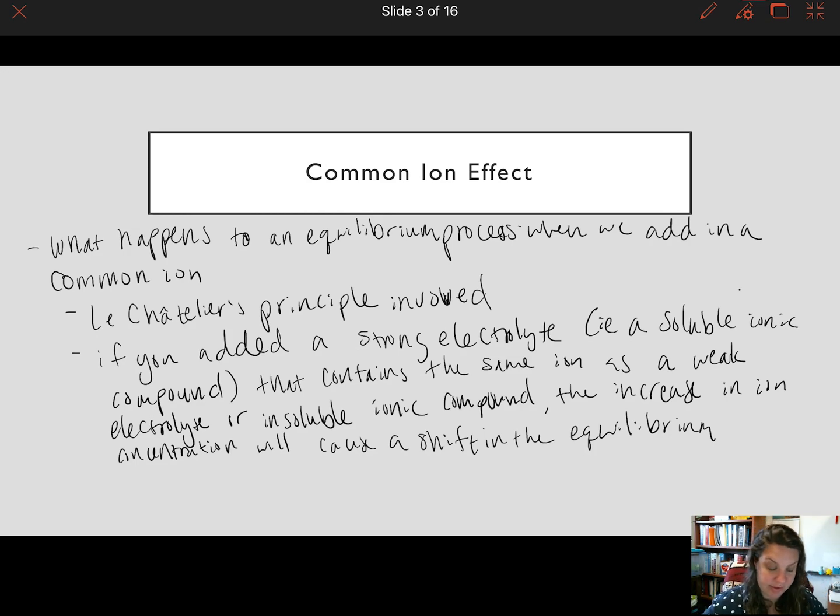Okay, like I said, it's based on Le Chatelier's principle. So adding in that ion will shift your reaction away from that ion.